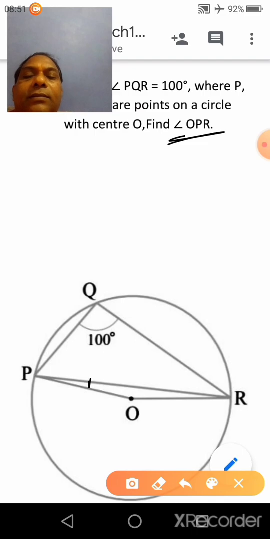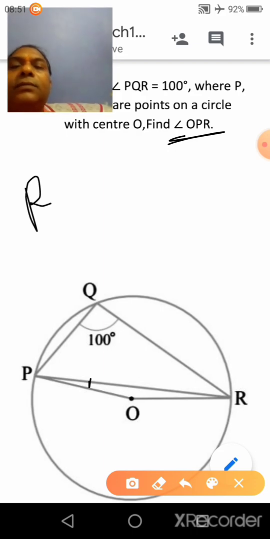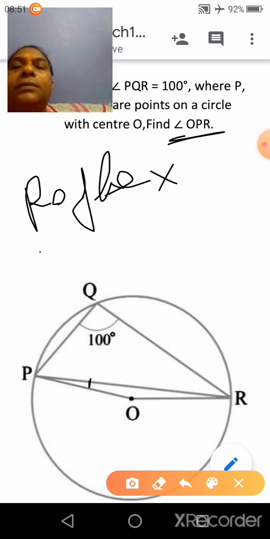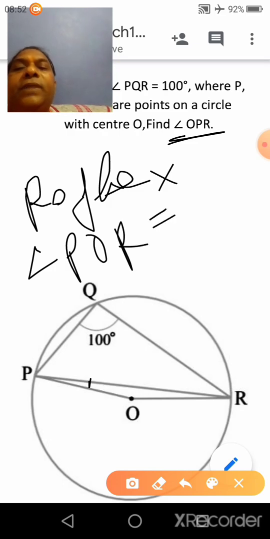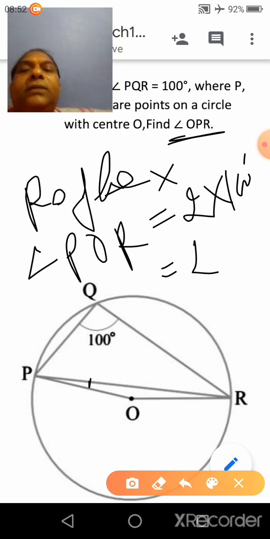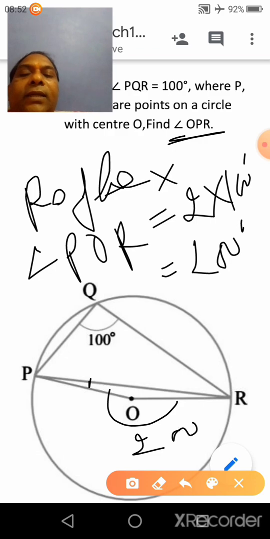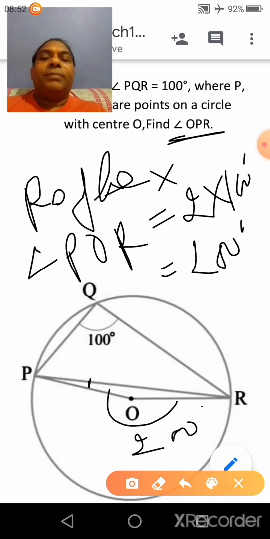Now see here, reflex angle POR will be equal to 2 into 100 degree, means 200 degree. This angle will be 200 degree because we know that angle subtended at the center is double the angle subtended at the remaining part.